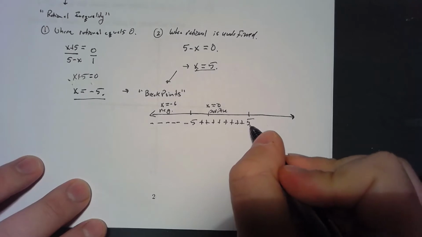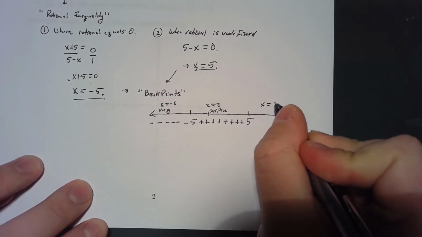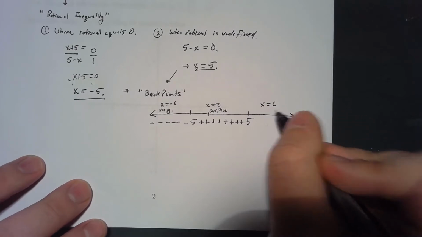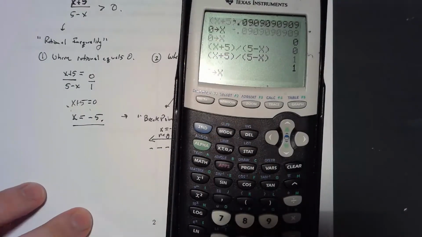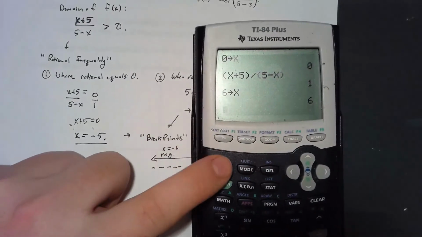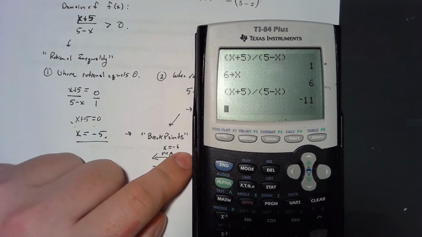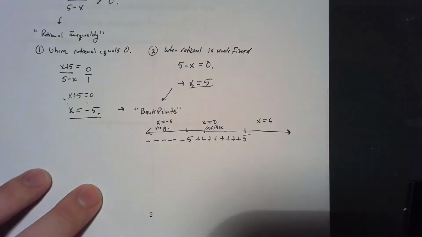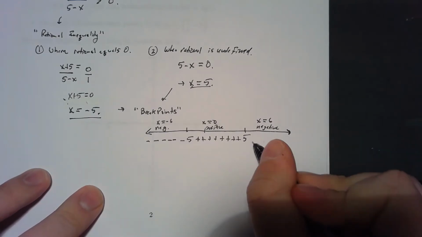Okay, and now pick a value that's greater than 5. So x equals 6. Store 6 in x, and type in that expression again. I hit enter, and I get -11. That's negative, which means this is negative over here.